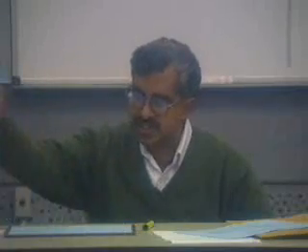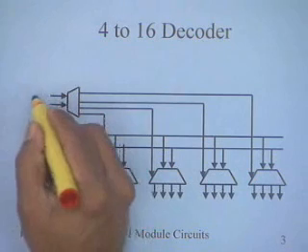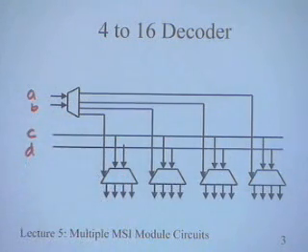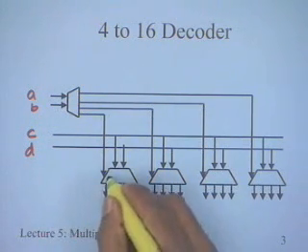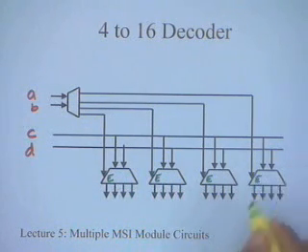Similarly, I will show you another example, very similar to the 3 to 8 decoder. We are now implementing a 4 to 16 decoder. In this case, I have 4 inputs, A, B, C and D, which correspond to the 4 variables. I again have these enable inputs for the decoders.